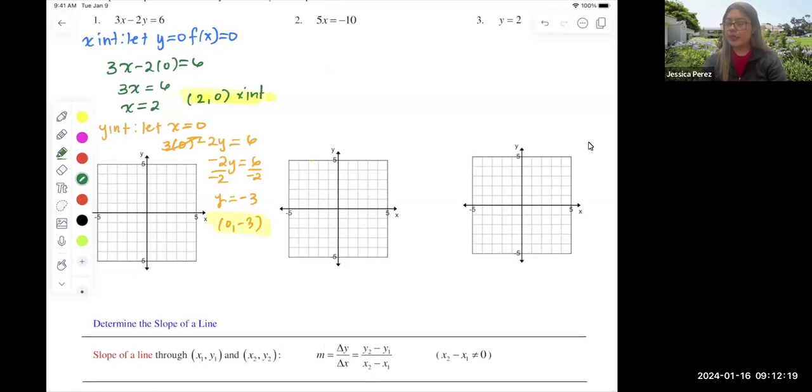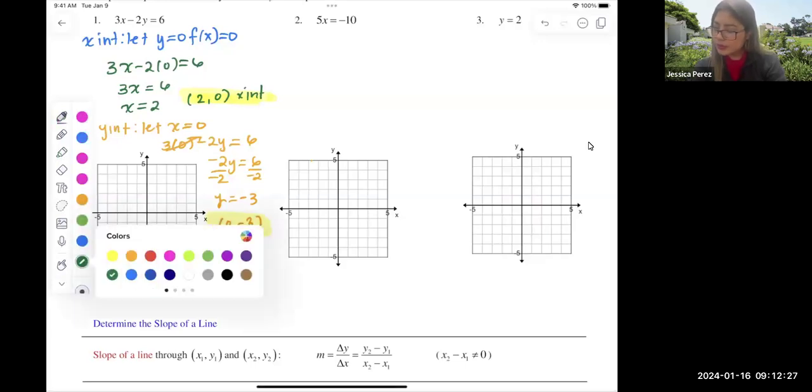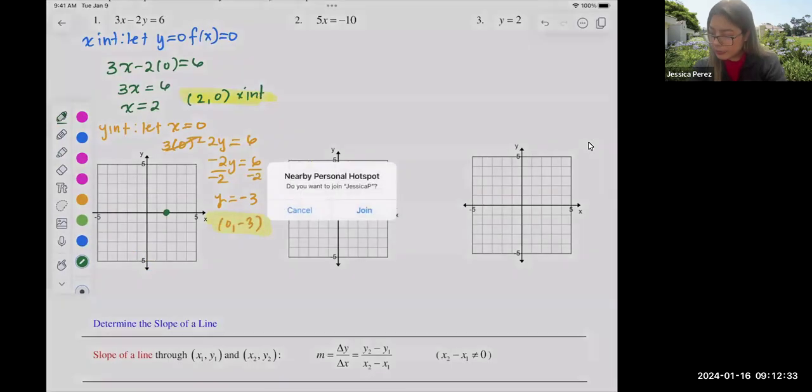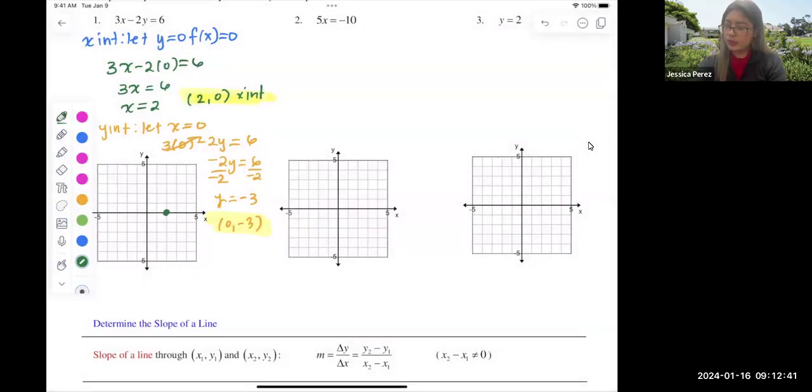So my first point is (2, 0), which is right here. Let me go ahead and plot that in green. So that's (2, 0) right here. And then it's (0, -3), like so. 0, 1, 2, 3 right there.